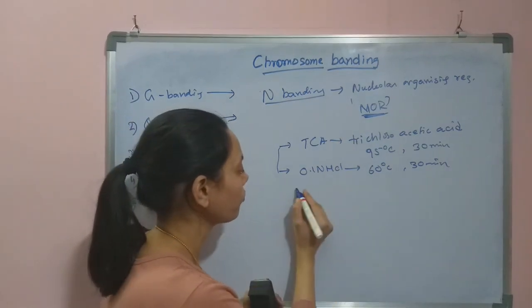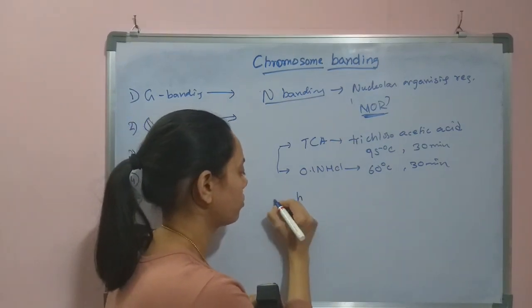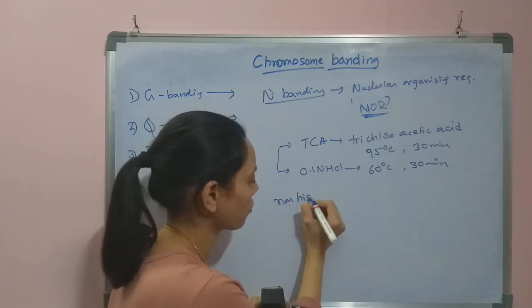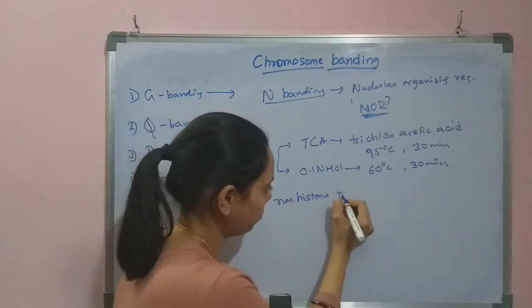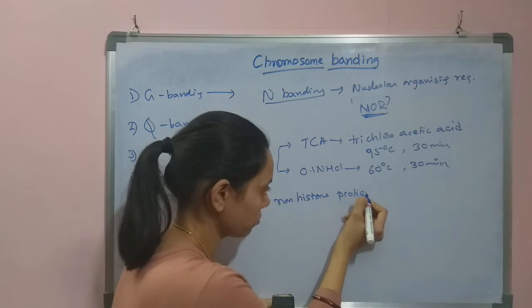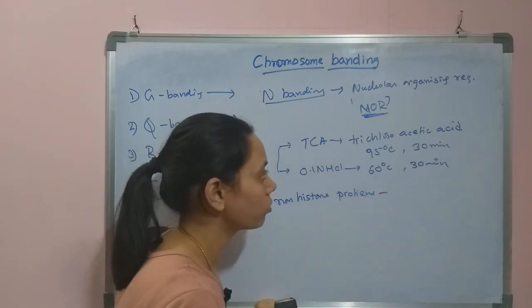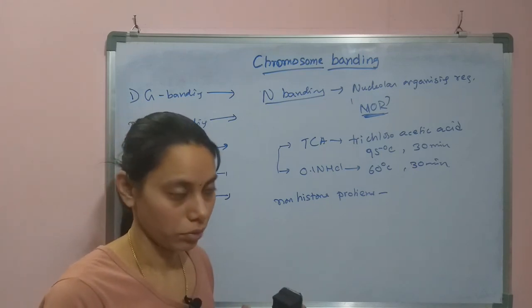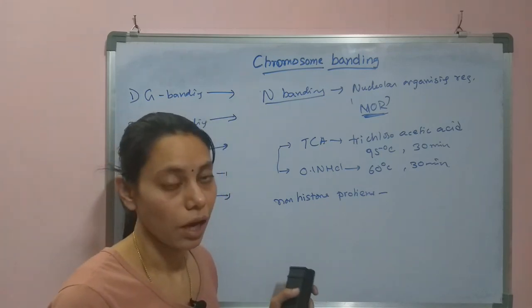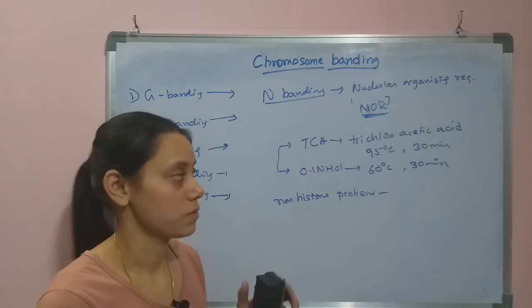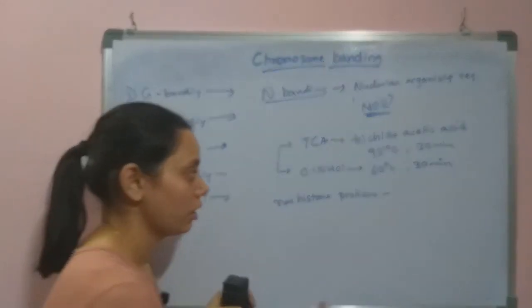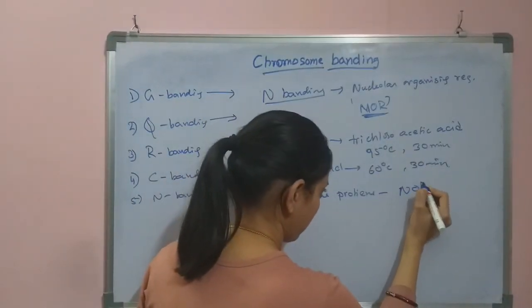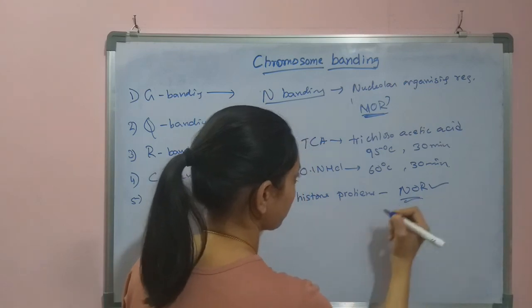non-histone proteins. So this dye will go and bind to the non-histone proteins present in the chromosome, so that the NOR regions will be recognized.